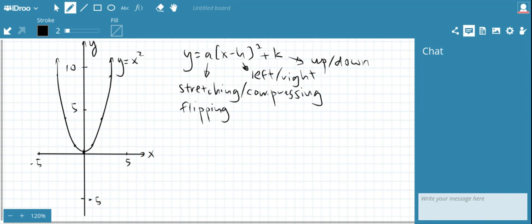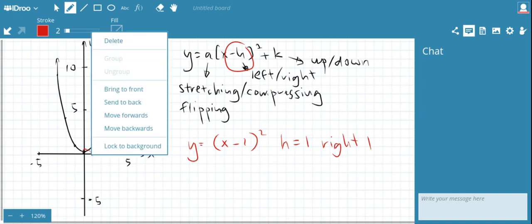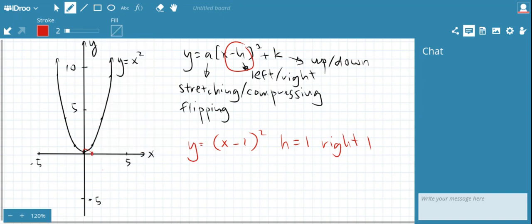If you want to transform something using just h, for example, y equals x minus 1 squared, you can see that h equals 1, which means I'm moving to the right 1. I'm going to take all of the original points, like 0, 0, and move it to the right 1, so that new point is there. Then 1, 1 moves 1 to the right, so it's here, and negative 1, 1 moves to the right as well.